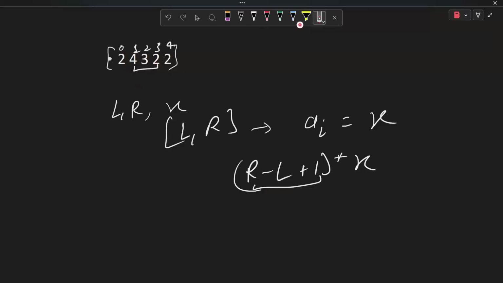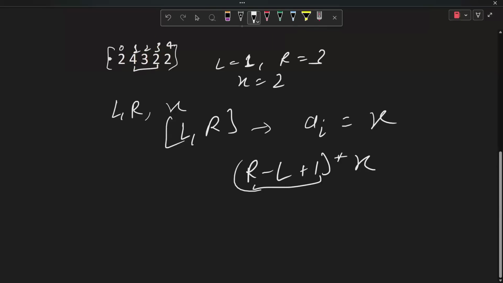Let's say we picked L equal to 1 and R equal to 3. This represents our range from 1 to 3. Then let's say we picked x equal to 2. What would happen for this range? All the elements would become 2, 2, 2.